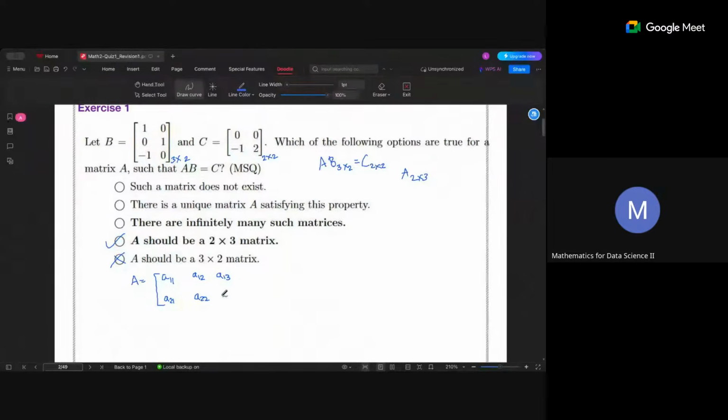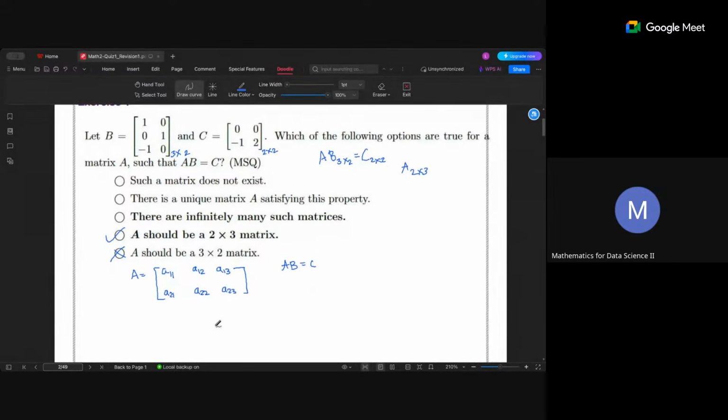Now if I'm going to do AB equal to C, then what will I get? A times B. This is your matrix B. If I multiply this with the first column, what will you get? A11 minus A13. And if I multiply it with the second column, I get A12.